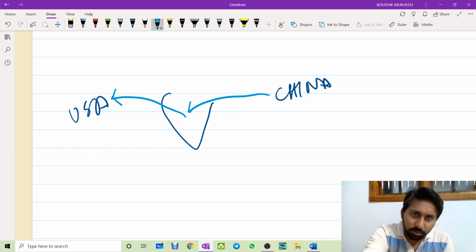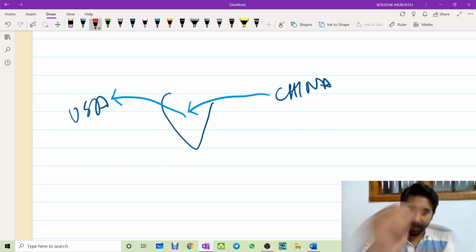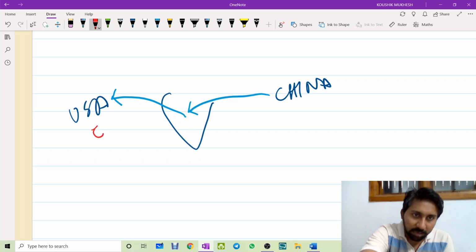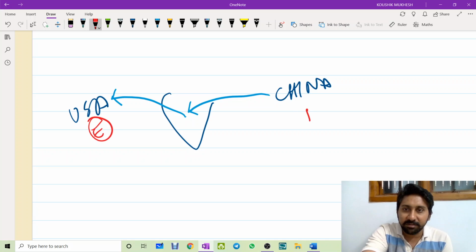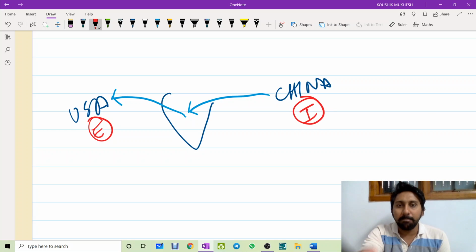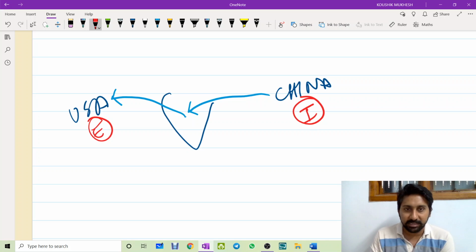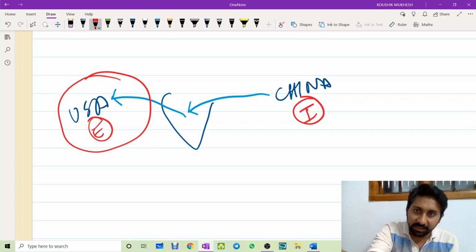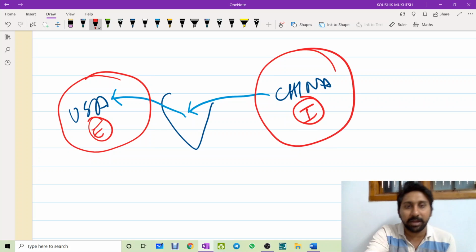I am buying goods from China. Now, when we give a name to these two transactions, this we will call export. This we will call import. Import is something we get from outside India, and export is something we give to a country or territory outside India. That means this activity is an export activity, and this activity is the import activity.